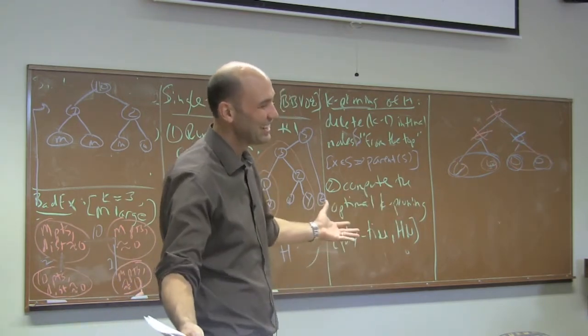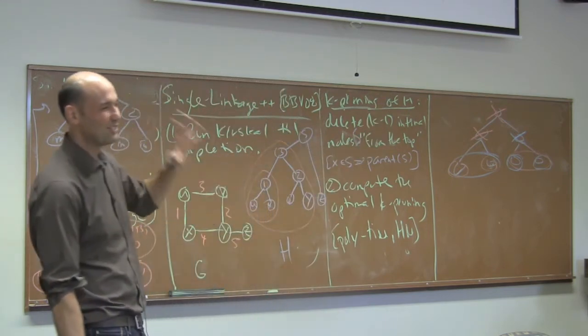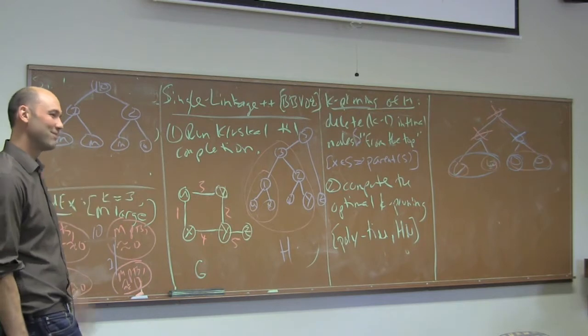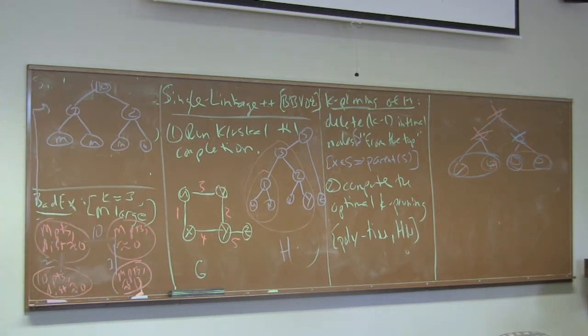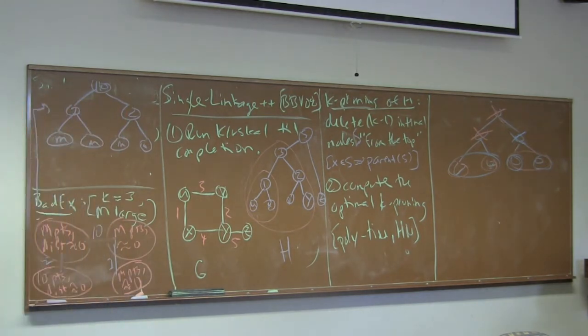Not always true, but that's an upstream issue, which says add more resources to the system, or get rid of some of these constraints, or whatever. So in this class, we're just going to be happy to get the optimum, whether it be good or bad. Good. Other questions?